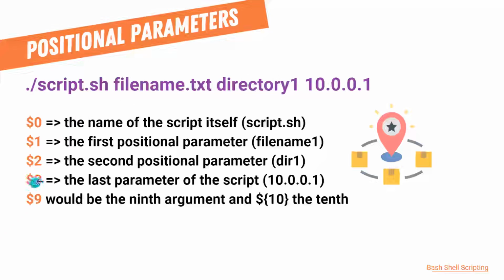Also, there's $3, the last positional argument, and it stores the last argument of the script, which is the IP address.